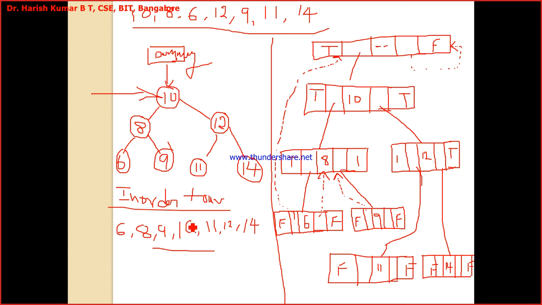After 9 is 10. So there is a thread from 9 to 10. Now if I take the left link of 11, before 11 is 10, so it goes to 10 again. So write carefully. Sorry, thread to 10. Okay. Now from the right link of 11, a thread to 12.